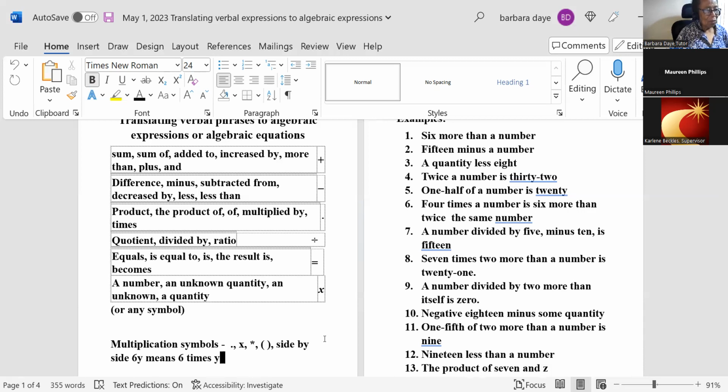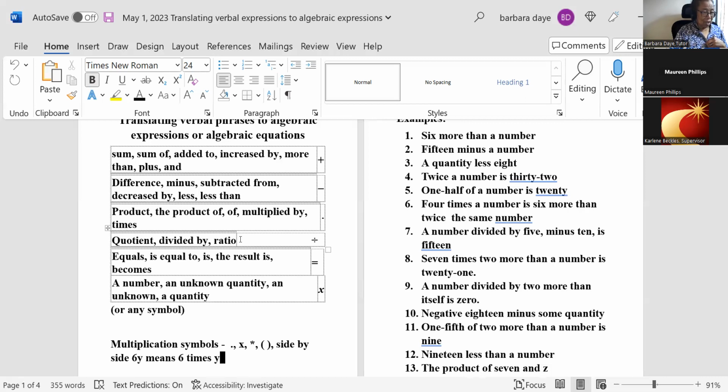Now, what do you call the result of a division? When you divide something, you get a quotient. Quotient represents division, divided by, and also a ratio. A fraction is a division, numerator divided by denominator.